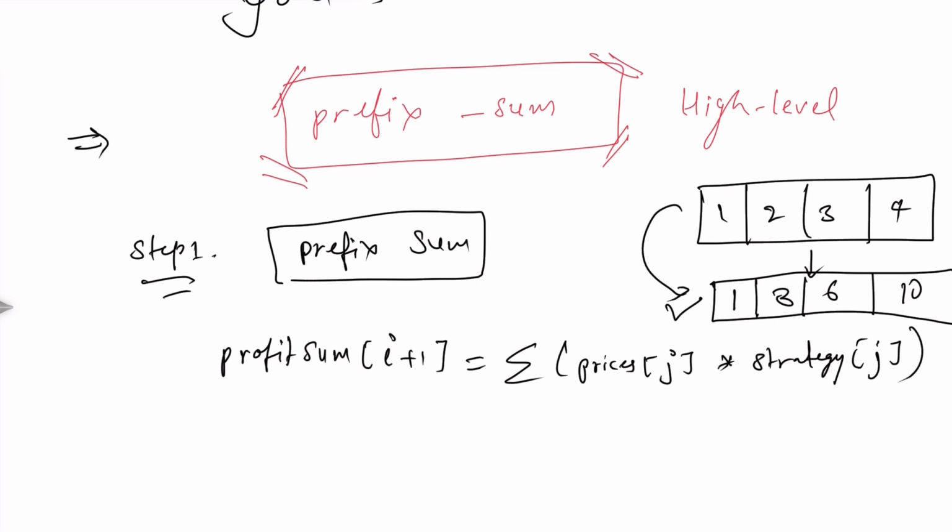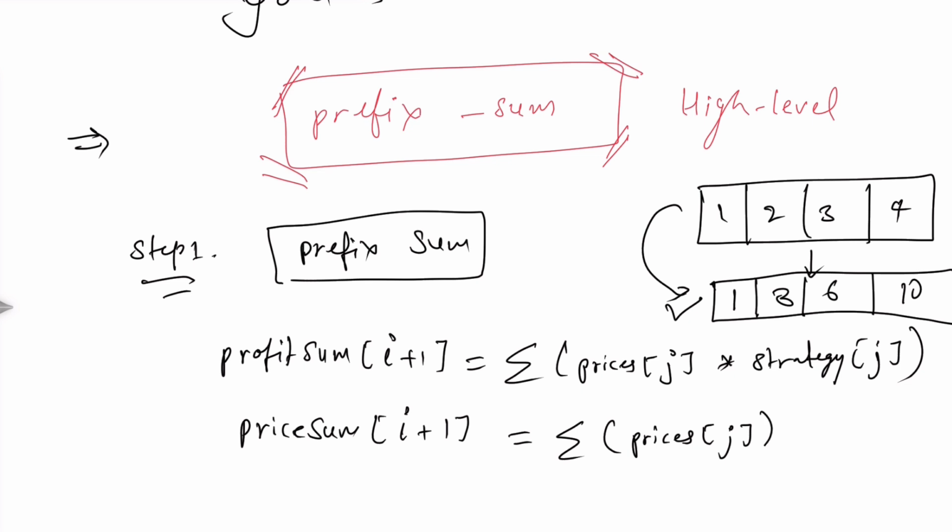In this way, we can have the profit sum. Now, if we want the price sum, for i plus 1, as we have done above, we take the summation of the prices, using j. Why we are doing that, we'll understand here.